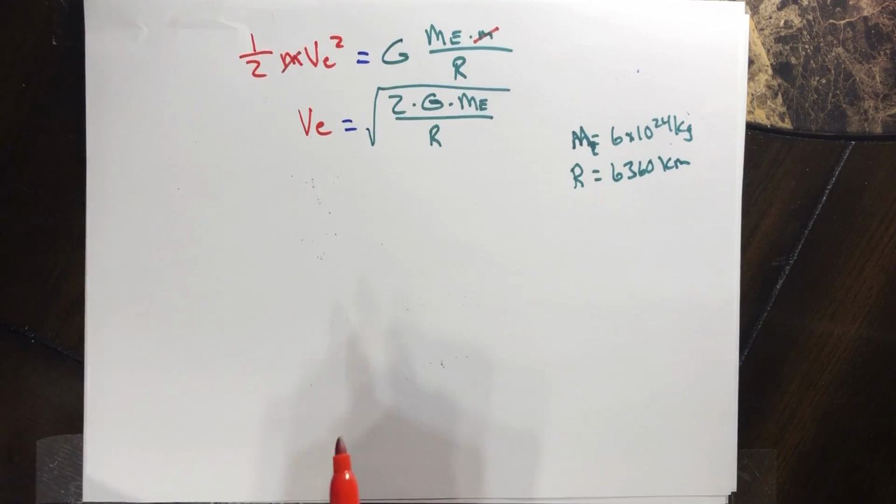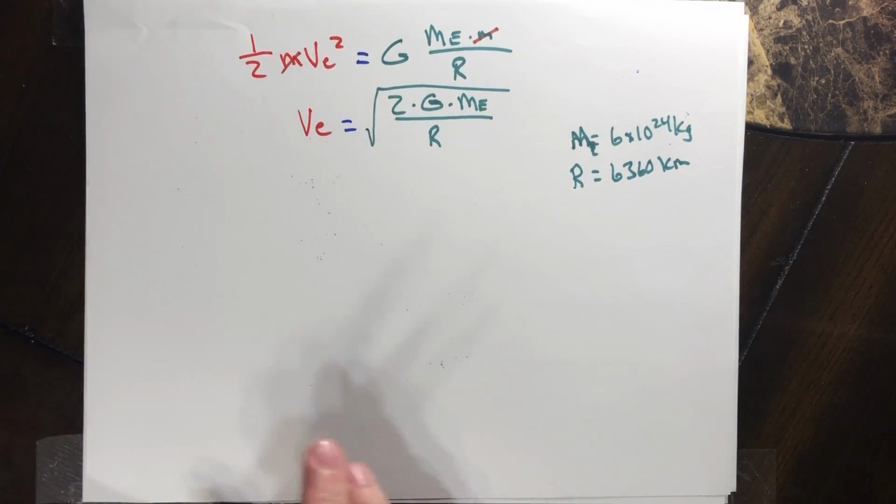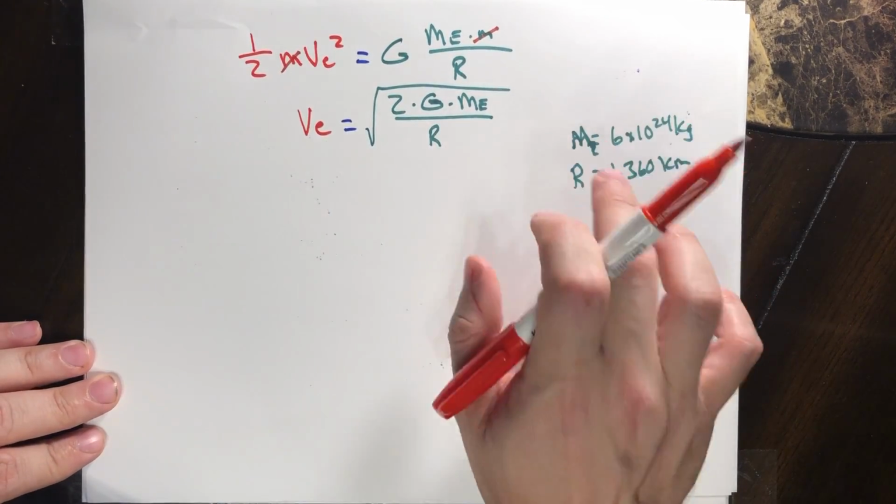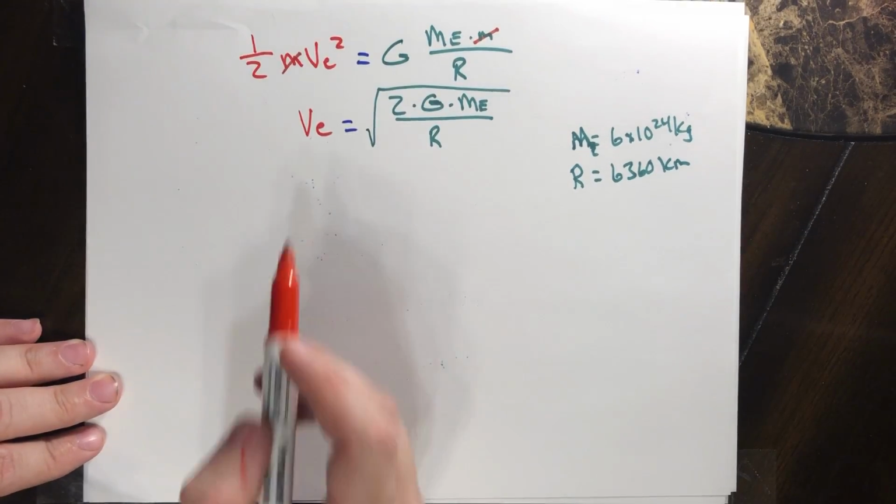Okay. So if we want to find what that velocity needs to be, all we got to do is plug these two and that gravitational constant into our equation.